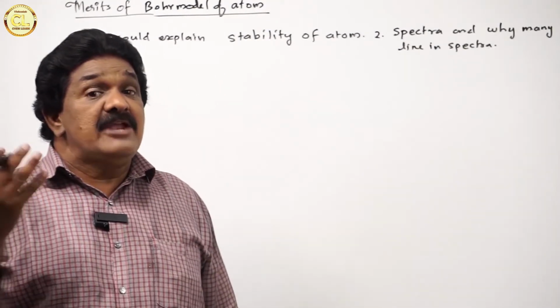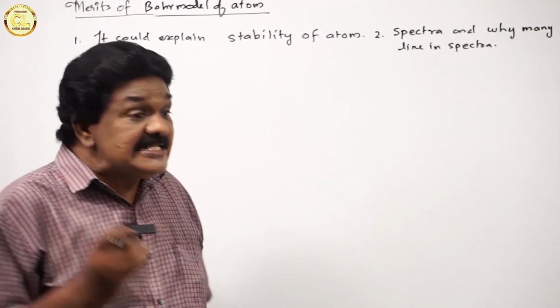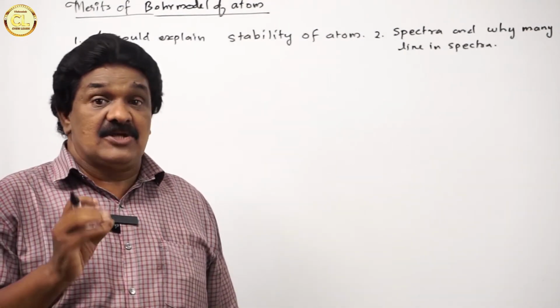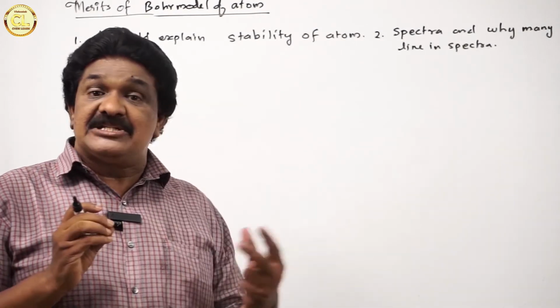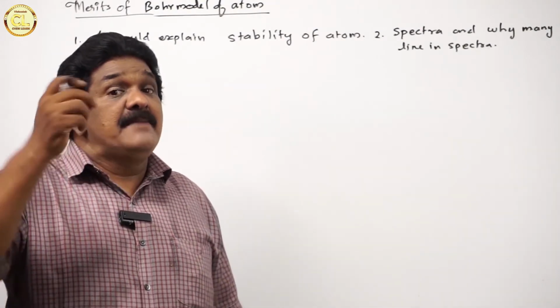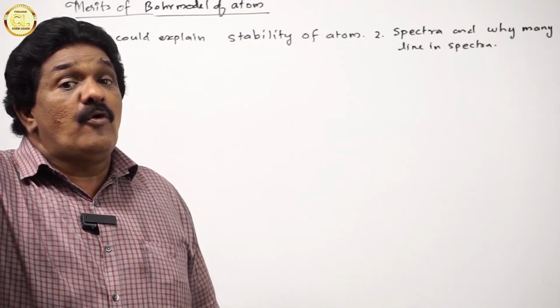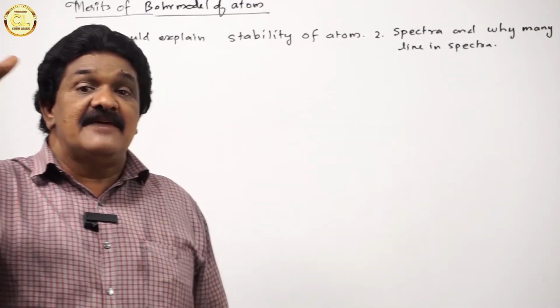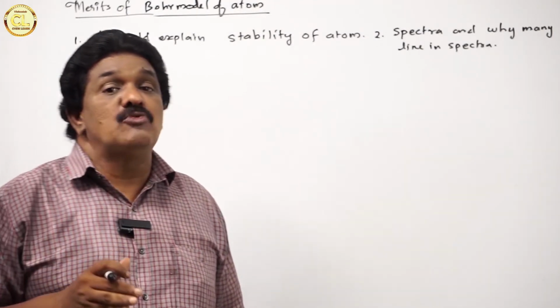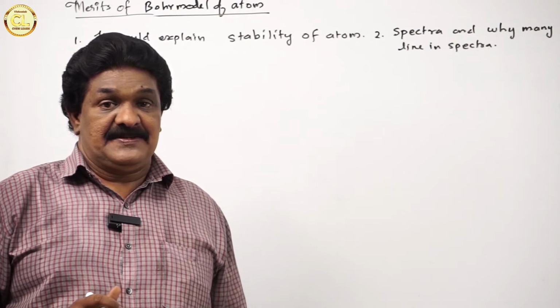Consider another atom in which the electron is already in the second excited state. If this electron absorbs energy and jumps, it may go to the third or fourth level or even a higher level. But these states are unstable, so the electron will jump down to the lower energy levels.